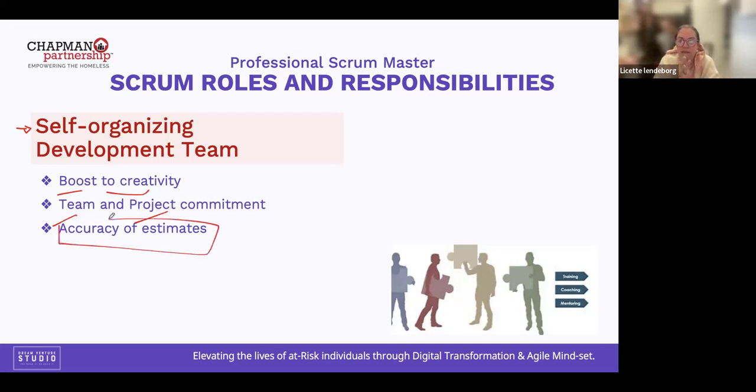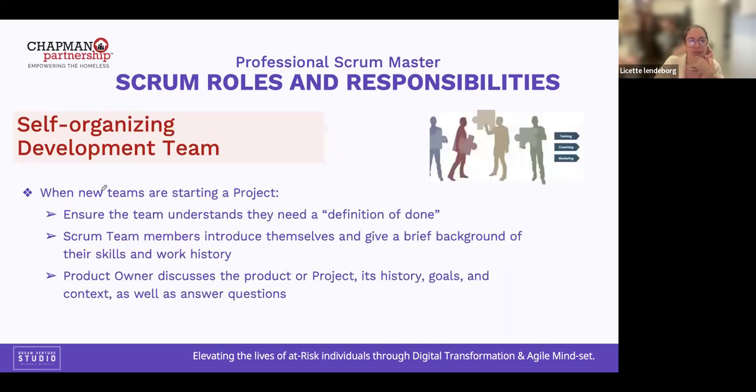Because the development team are the ones who know what to do, how they are going to do it, and who is going to do it. So they are the best people to create the estimates of duration of each activity or task. So the best idea is to let them be creative. That creates a commitment as a team, and they are also accurate when they give estimates. I love that.